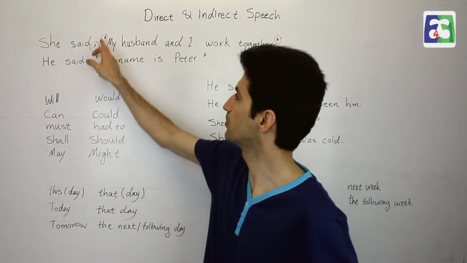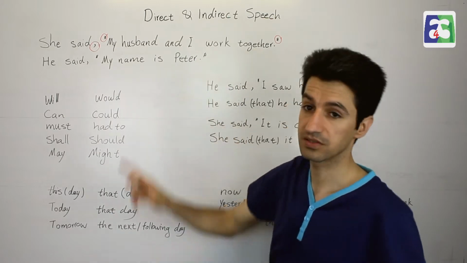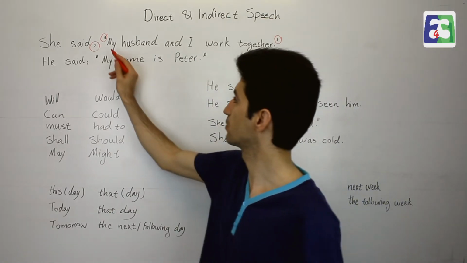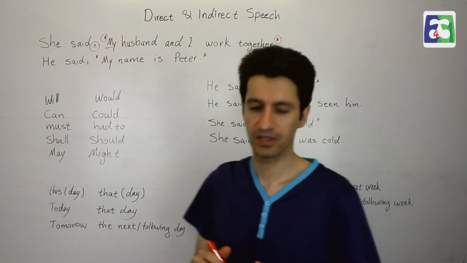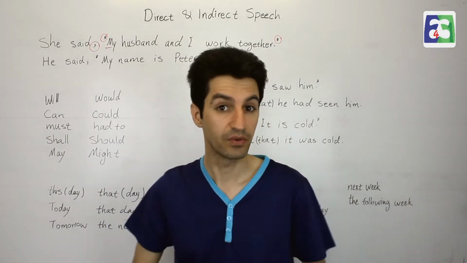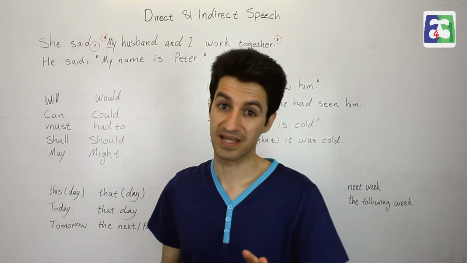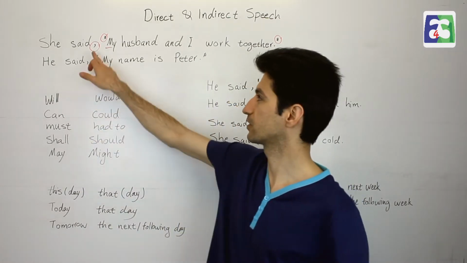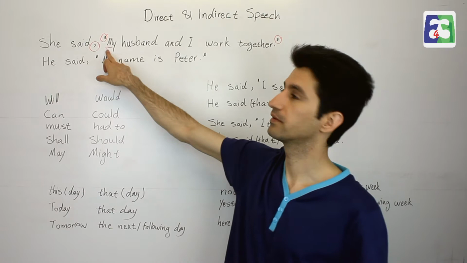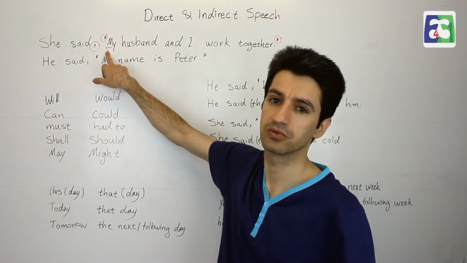She said, comma, then quotation mark, and then the sentence. Another thing, it starts with a capital letter, just like a new sentence. So we repeat whatever the person says, but we put it after a comma, in quotation marks, and we start with a capital letter.